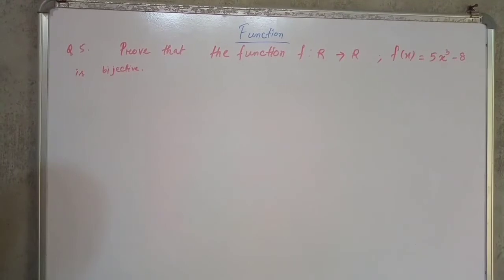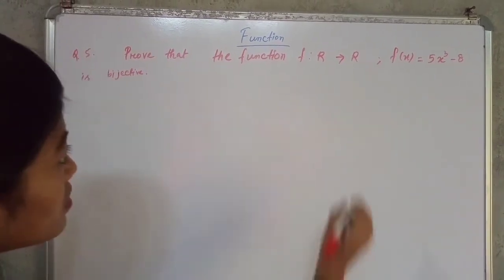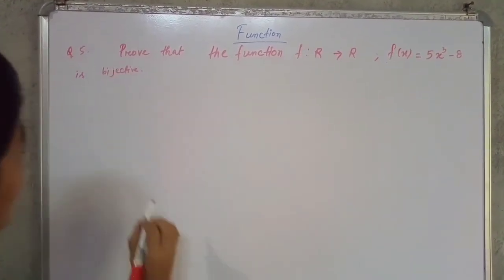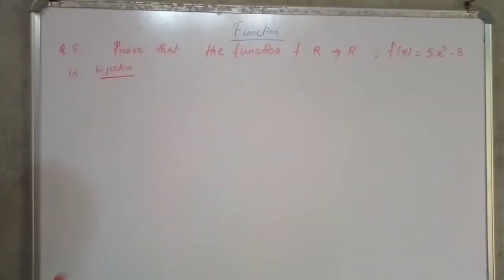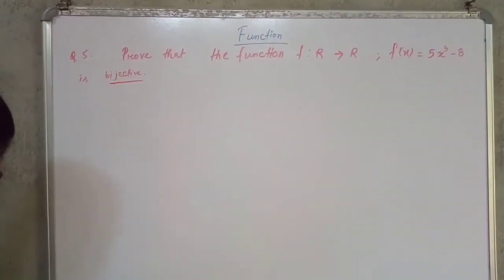So we have to show that this function f is bijective, and bijective is nothing but both 1 1 and onto.